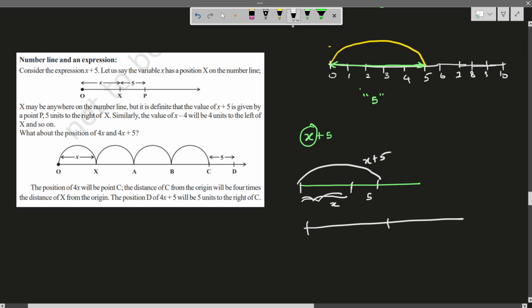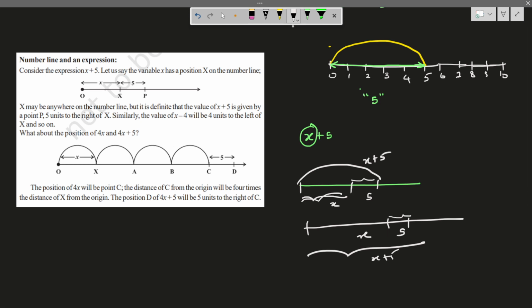For example, if x is as big as this, this will become x plus 5, because 5 is always fixed.